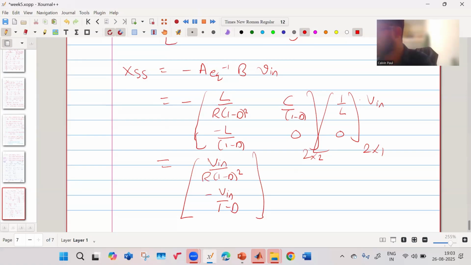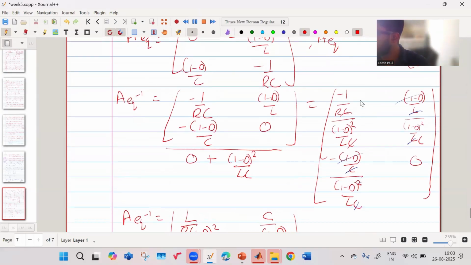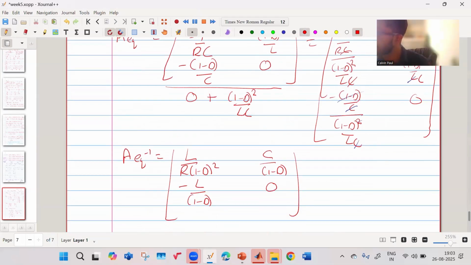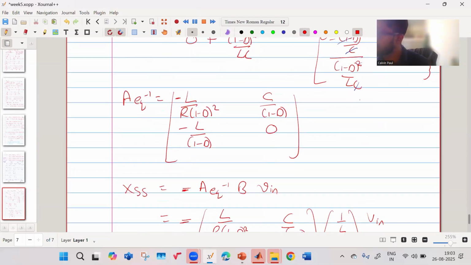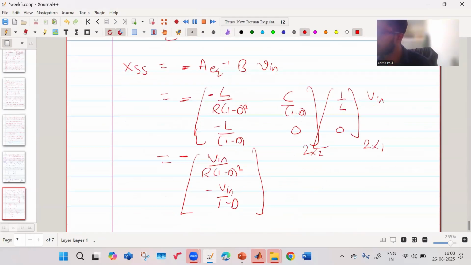There's a mistake. There is a minus sign over here, and a minus sign over here, so the minus sign will still be over here. So this minus is there, this is minus over here, minus over here as well.